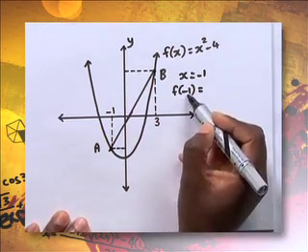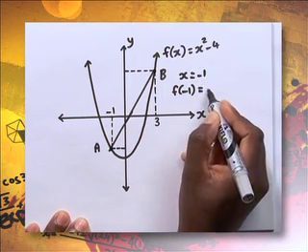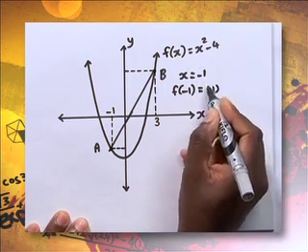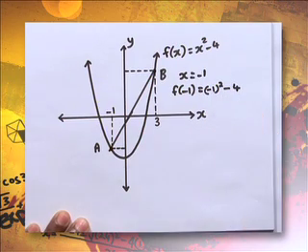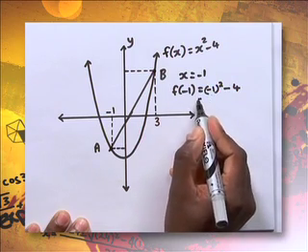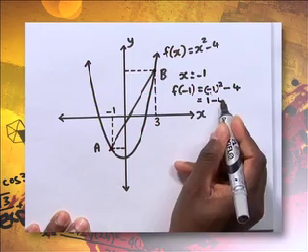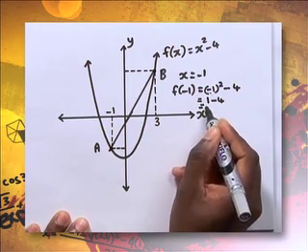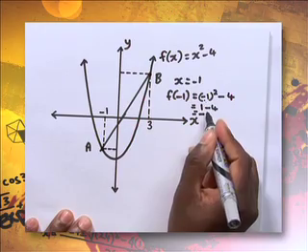For f of negative 1, we're simply replacing x by negative 1. This becomes negative 1 squared minus 4, which is 1 minus 4, which is negative 3.